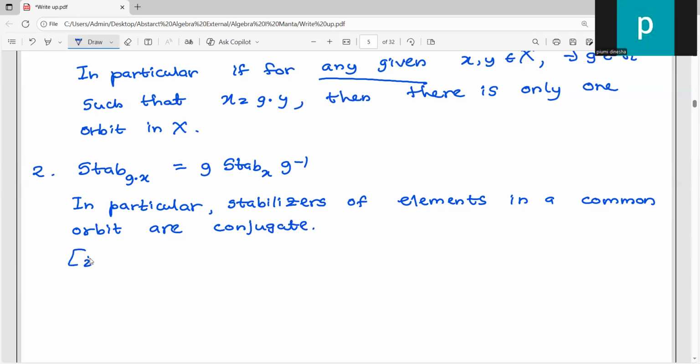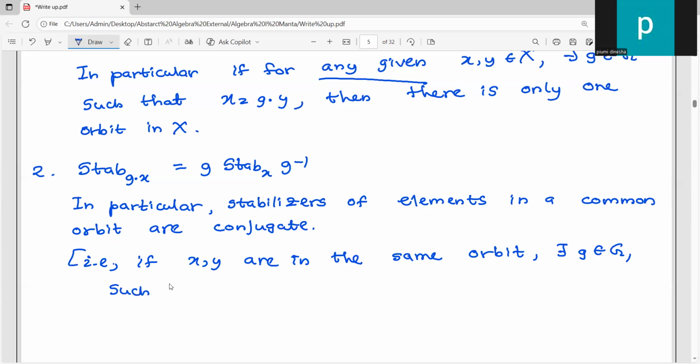This means, I'll just put over here, that if you have X and Y in the same orbit, then there exists G in the group such that the stabilizer of X is simply G times stab Y G inverse, right?